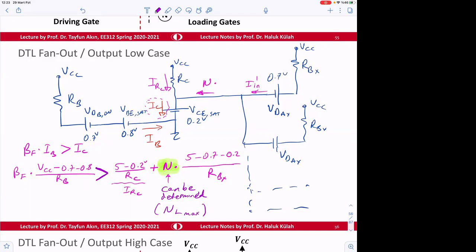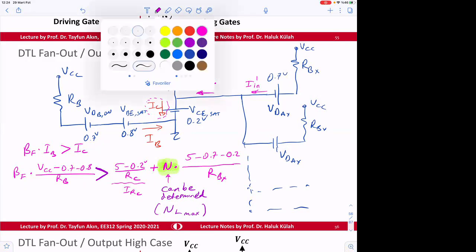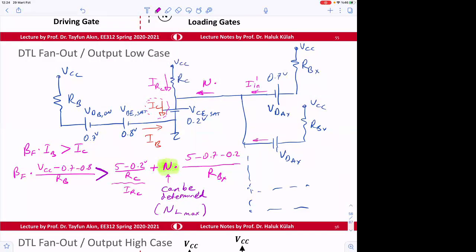Okay, so since from the next gates they keep getting more and more current here, I am prime. So therefore, this transistor cannot maybe become in saturation anymore.